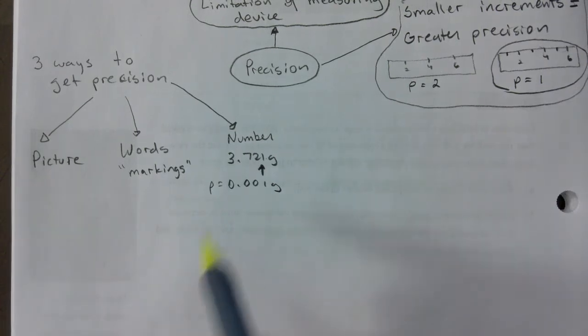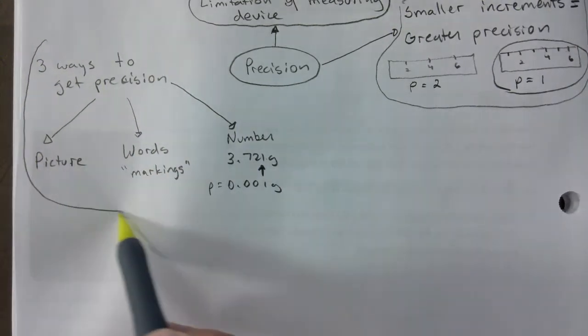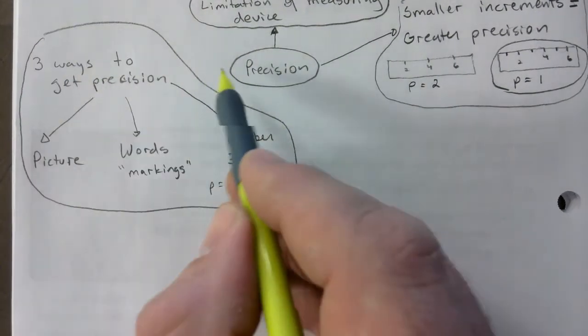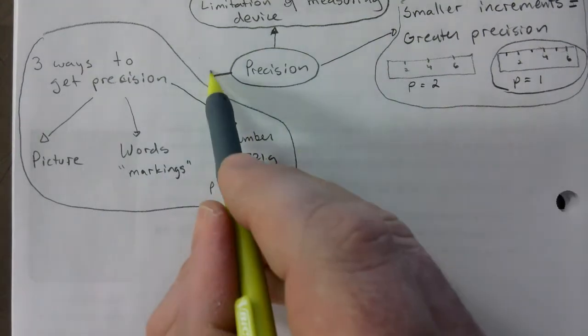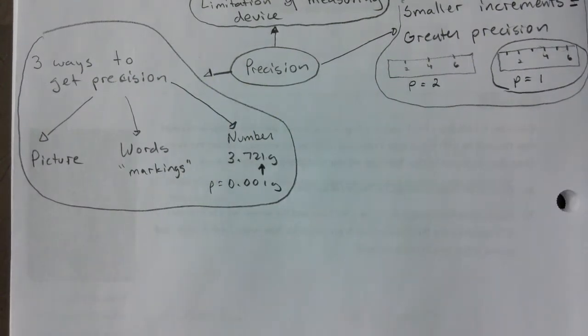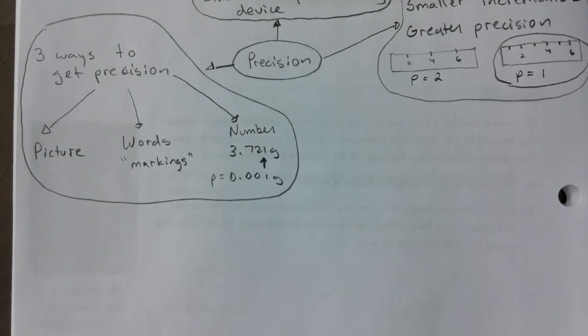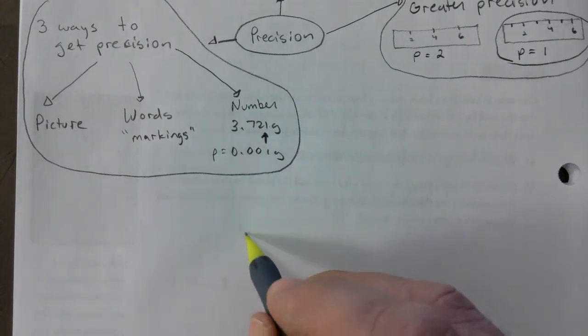So what I'm going to do here is I'm going to circle the whole thing. And just make an arrow go out of precision towards that big circle or big cloud. Uncertainty.